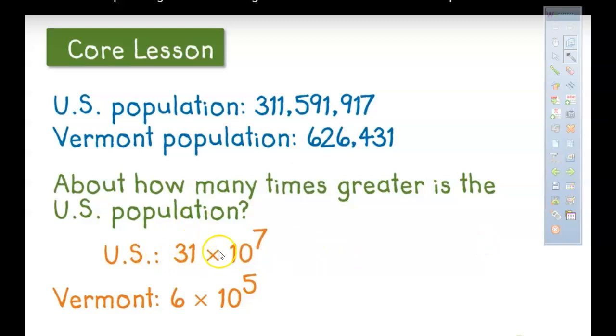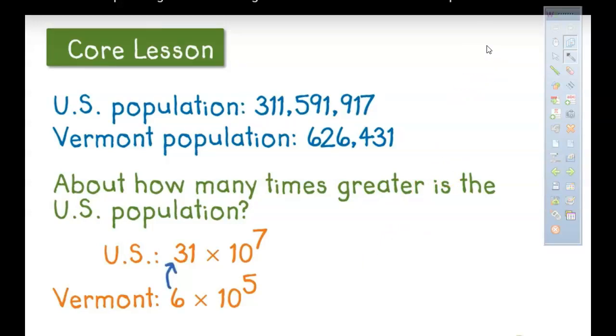So notice this is not written in scientific notation, but it's more accurate because now we're asking, what do we take times 6 to get 31? So it would become 31 times 10 to the 7th. Technically, that's not in scientific notation, but it works for the purpose that we have right here.